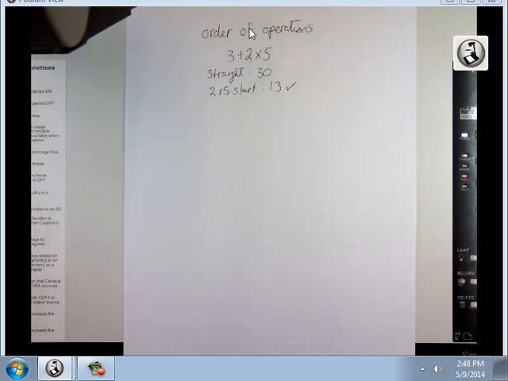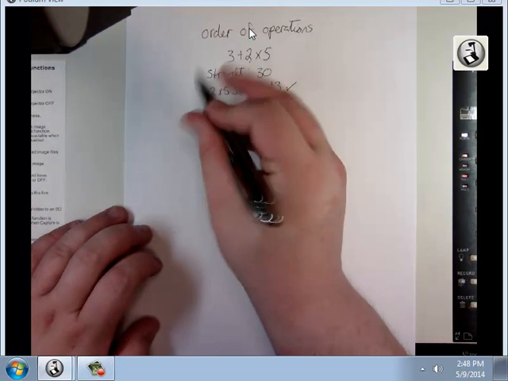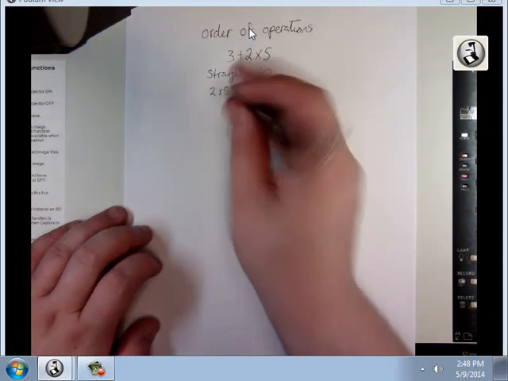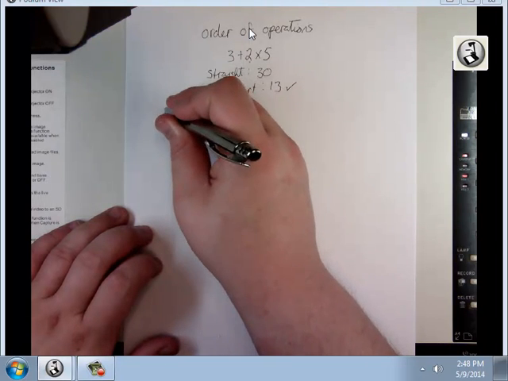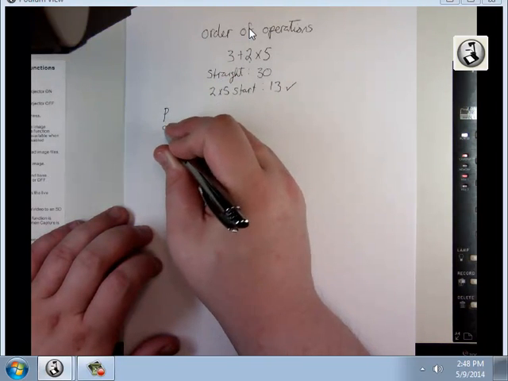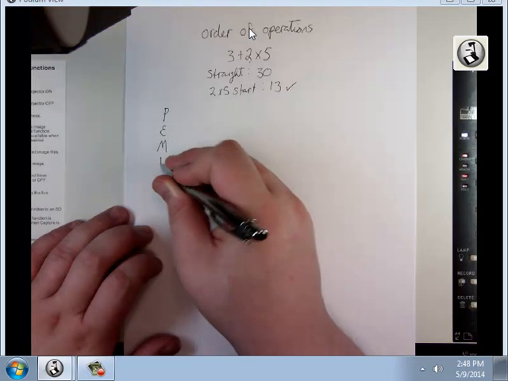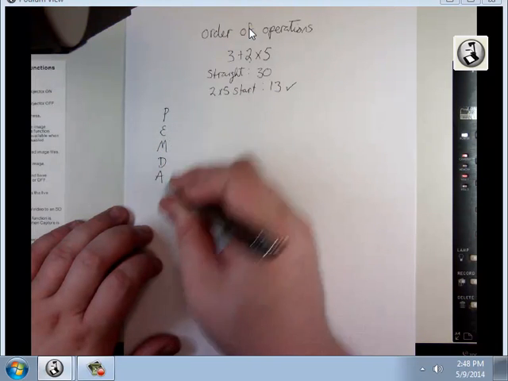Why is that? Well, because we have a specific order that we have to do each step in. And that order is known as the order of operations. And this is the acronym we've come up with after all these years. PEMDAS.